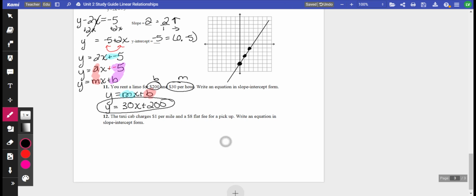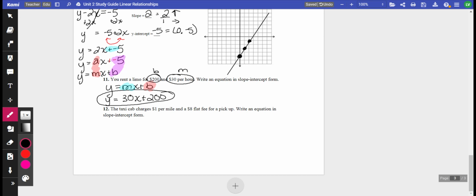All right, number 12. The taxi cab charges $1 per minute and $8 flat fee for a pickup. Write an equation in slope-intercept form. Again, we're going to use y equals mx plus b. Let's see, a taxi cab charges $1 per mile. So that's going to be m.